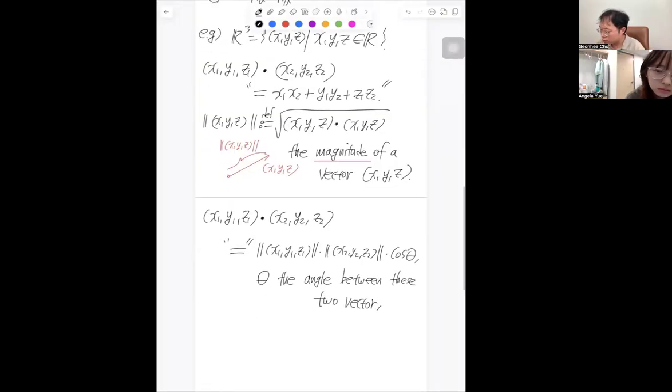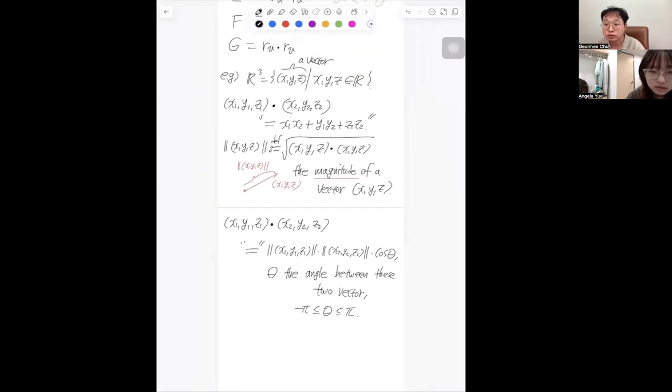We usually assume by convention that it is between negative pi and pi. It's just a convention. Is it okay with you? So this is another description of the dot product.